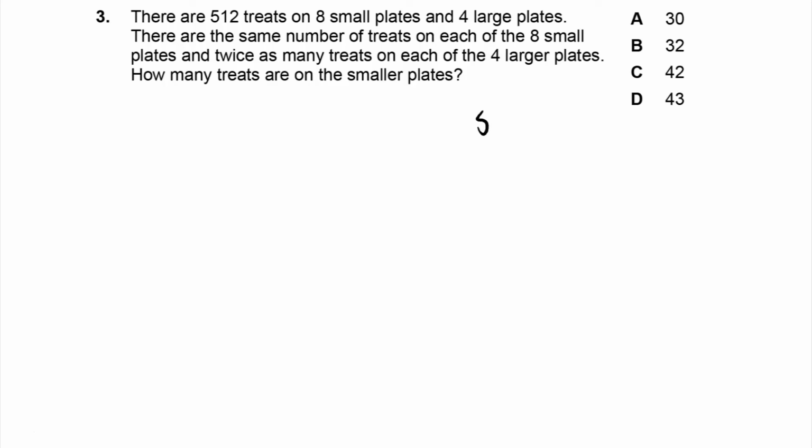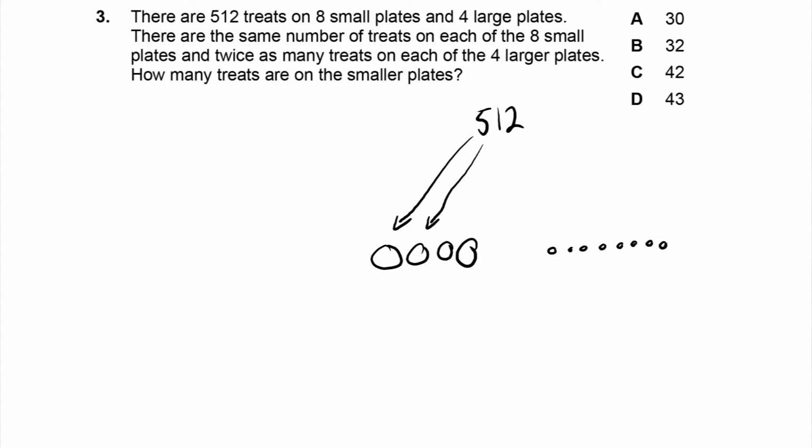So we're taking the 512 treats and we're breaking them up into 4 large plates and 8 smaller plates. And now the amount that goes to each of the large plates is going to be the same. The amount that goes to the smaller plates means that for every 2 smaller plates, they get the same as what goes to the larger plate.